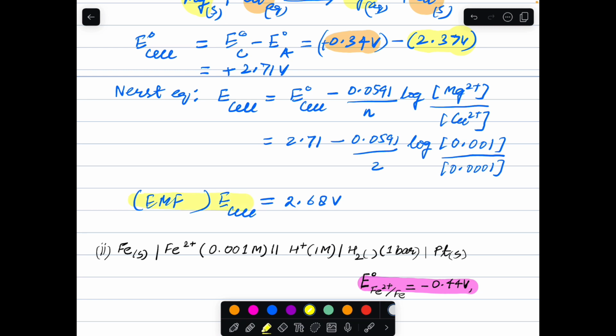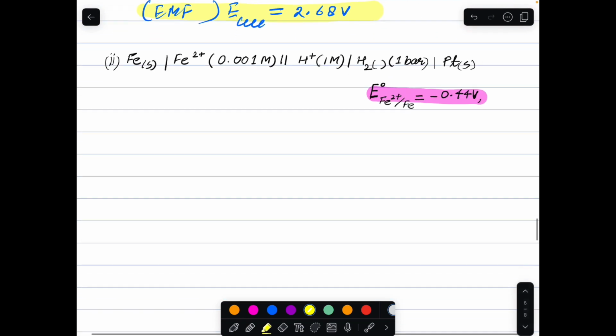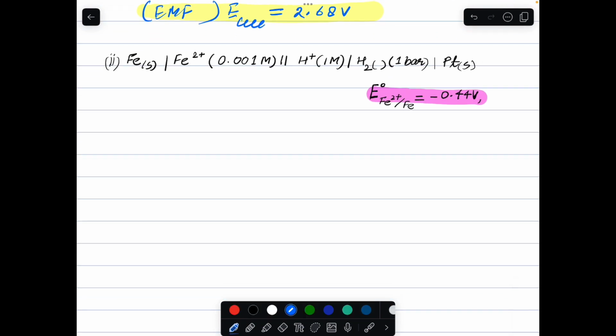Next part, the second one. In the second question, we will do the calculation in the same manner. We will write down the equation. So iron is undergoing oxidation to ferrous iron. Yes, and the second entity is the standard electrode potential, which is the cathode.